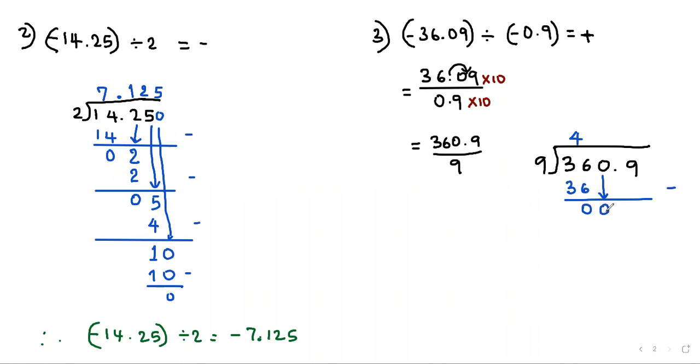And what is 0 divided by 9? If it is not possible, you simply write a 0. But 0 divided by 9, you get 0. Okay, 0 divided by any number, the answer is 0. So we get it as 40.